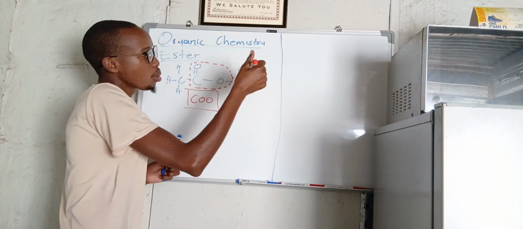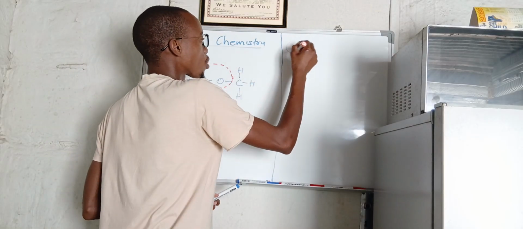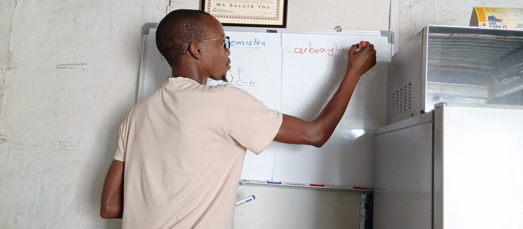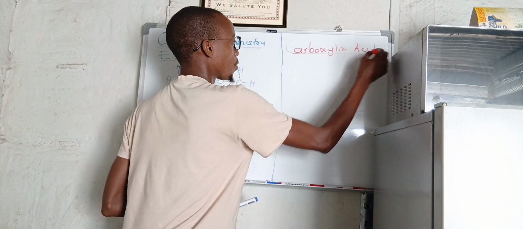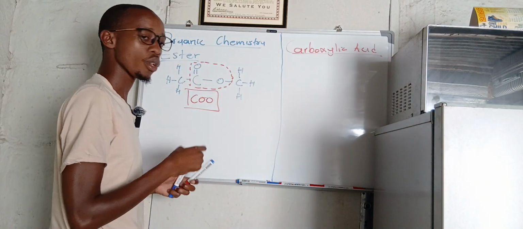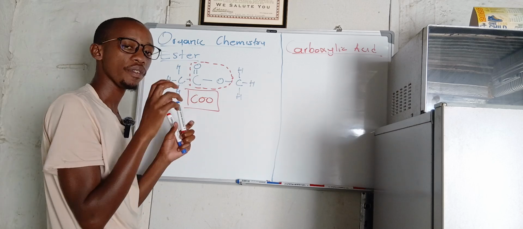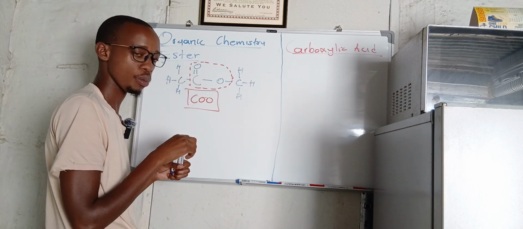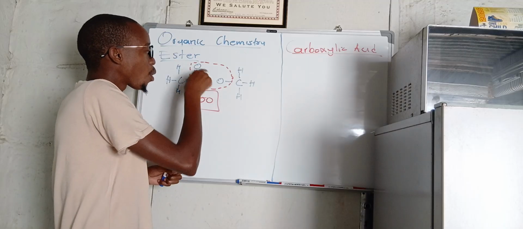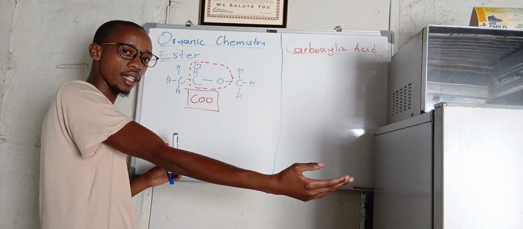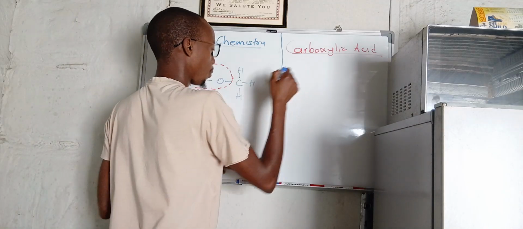I think I should also do carboxylic acid. I'll finish with alcohol. Why am I choosing to do carboxylic acid? They have the same functional group, because this C double bond O here is in between, but there it is on the outside. I'm going to show you.